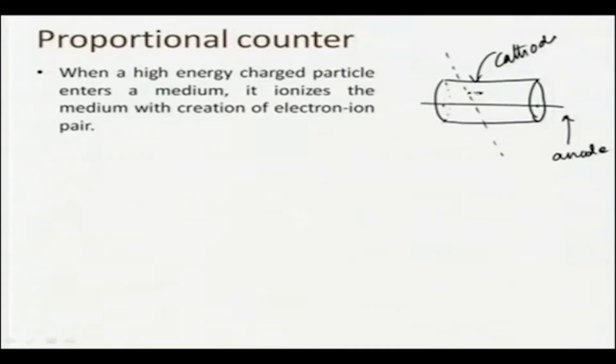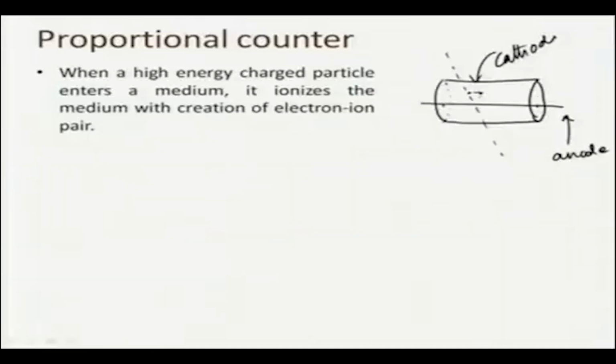Because of the potential difference between the cathode and the anode, the electron will be accelerated slowly towards the anode, and as it goes, it picks up energy, and eventually it has enough energy to knock out electrons from other molecules or atoms of the material inside.